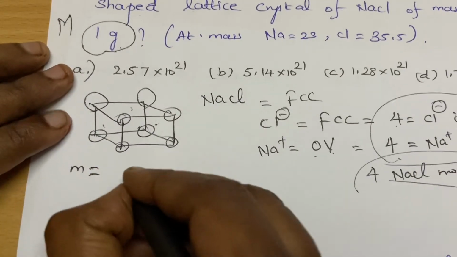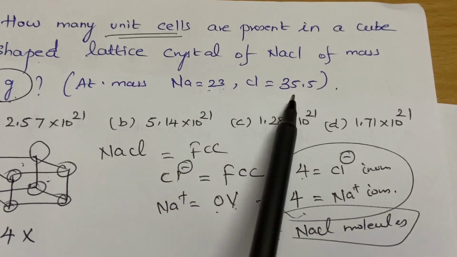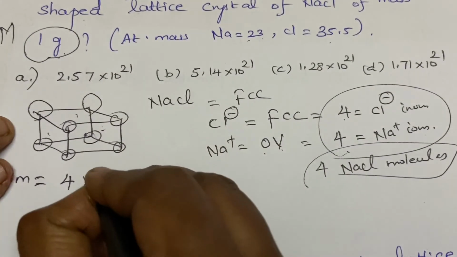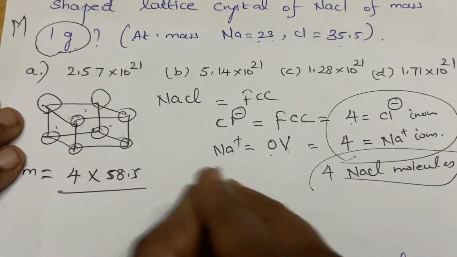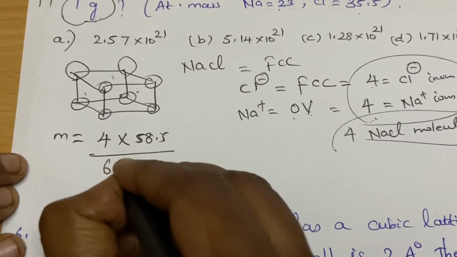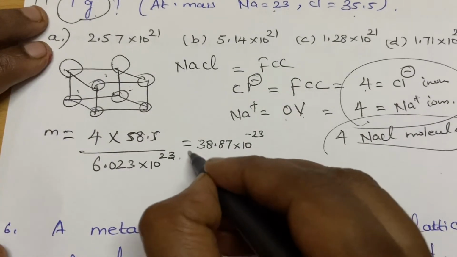Here Z is equal to 4 and the molecular weight is 23 plus 35.5, which is 58.5, the molecular mass of NaCl, divided by 6.023 into 10 to the power of 23, which gives this value.